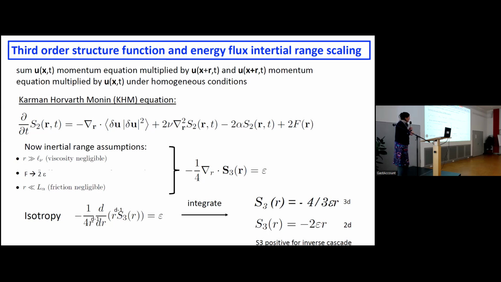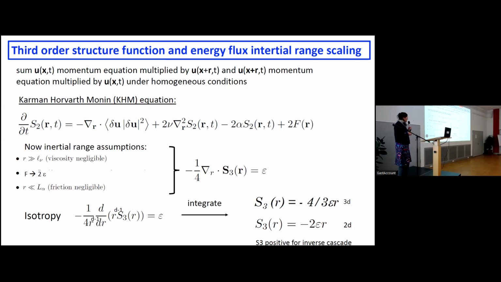But now we make inertial range assumptions. So we're saying we're far away from the dissipation regimes, and we have a constant energy that is supplied by the forcing that is taken through the scales. And then what comes out is this relation here. It's a quarter of this divergence of the third order structure function, and it's equal to this constant energy transfer.